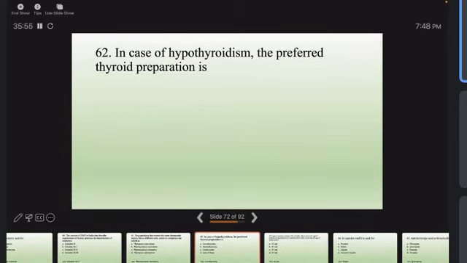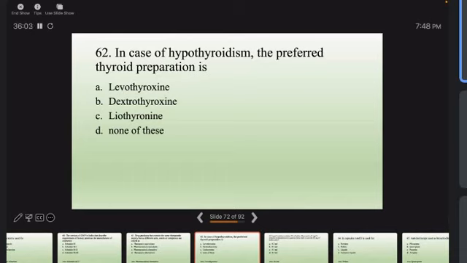I'll give you the options: levothyroxine, dextrothyroxine, liothyronine, none of these. Which one could it be? Levothyroxine. What about dextrothyroxine?